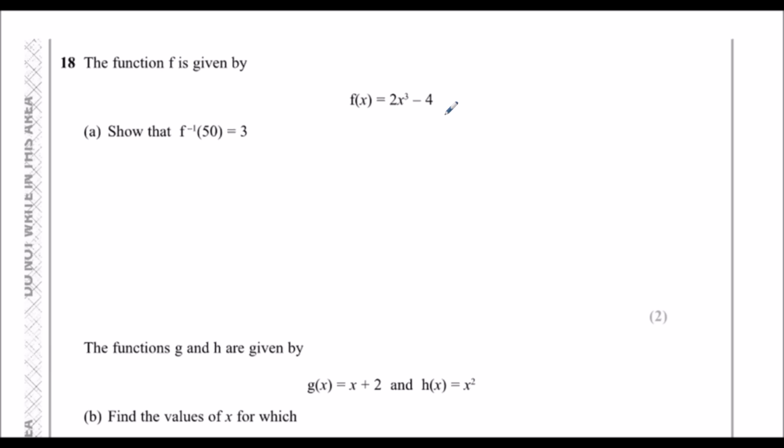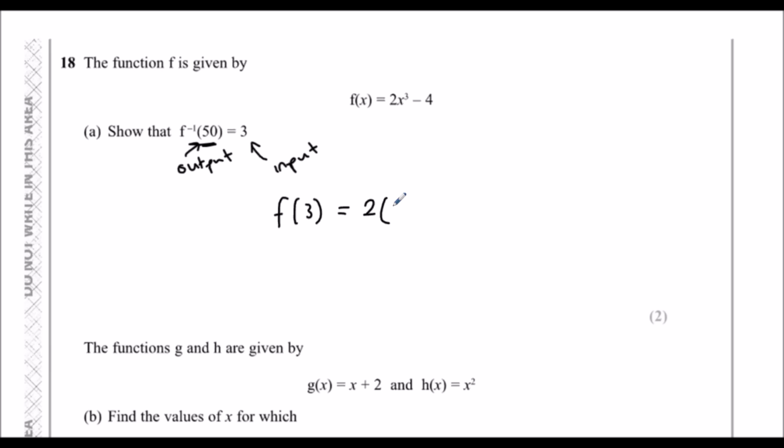So for this function f of x, if the output is 50, the input is 3. So we're showing that if the input is 3, the output is 50. So if we do f of 3, we should get 50 because the input and the output switch around.